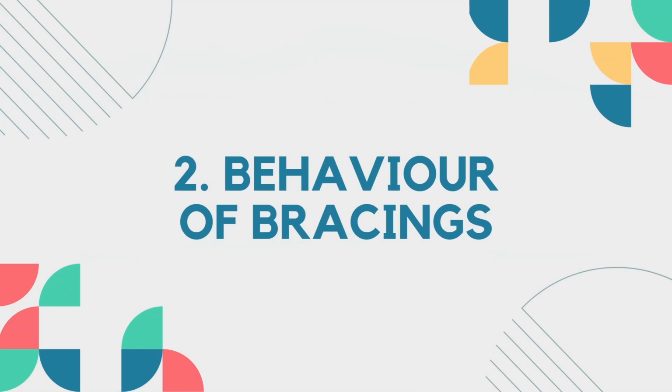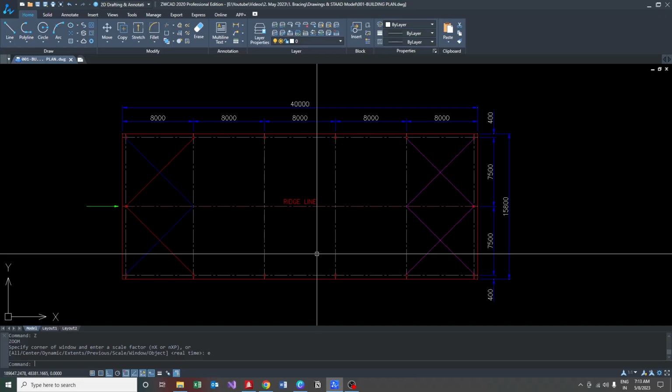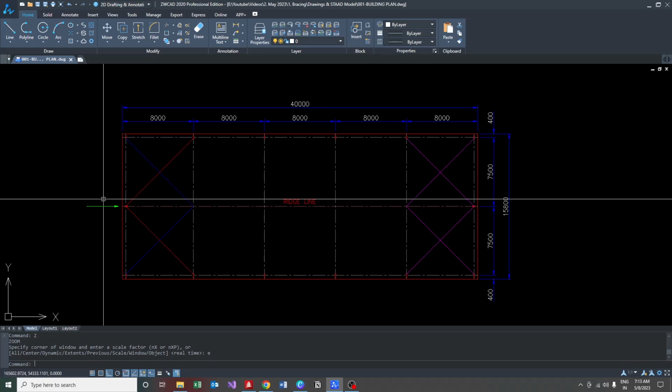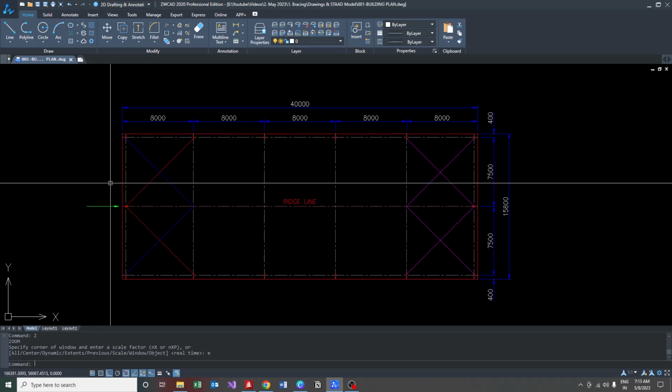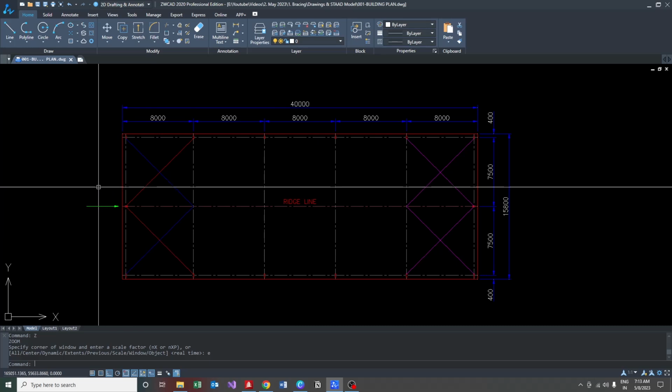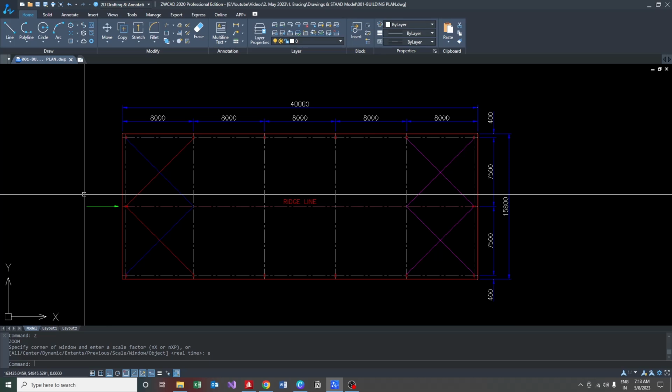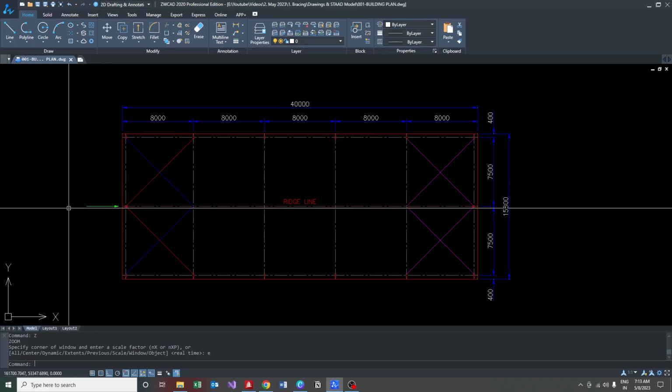Now, we have reached the second part of the video, which is the behavior of bracings. For our understanding, let's consider this building. The load which reached the top of the rafter will try to push or pull the rafter at that point. Let's consider it is going to push the rafter.